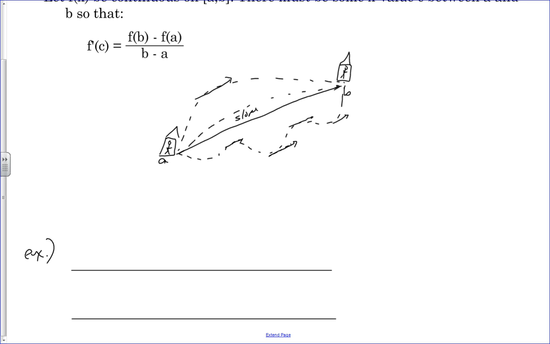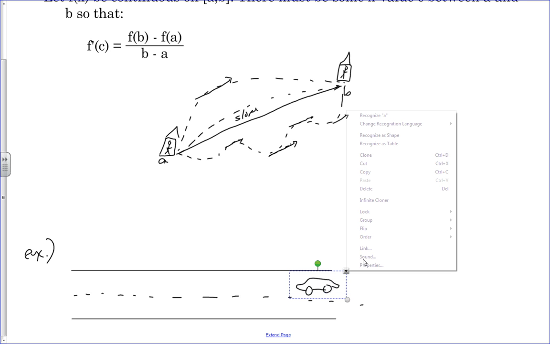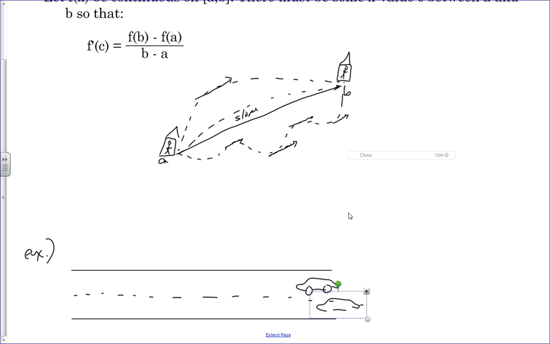So here's our road, and here we have a car. Then I'm going to copy it because I'm going to put the car down the road a little bit. So here we have our two cars.